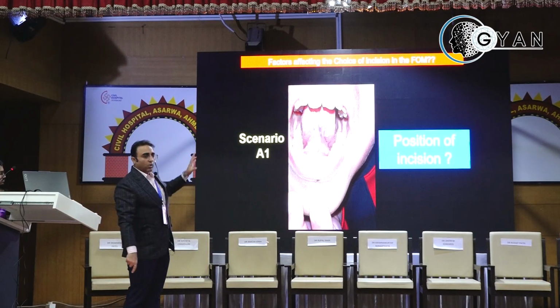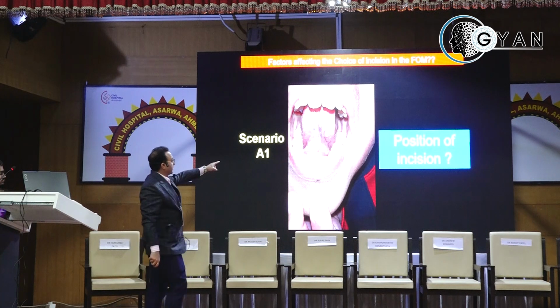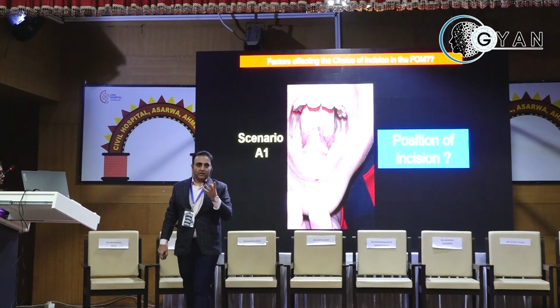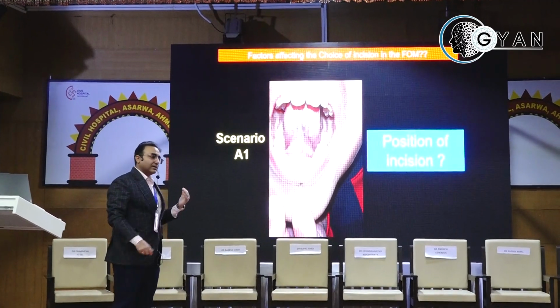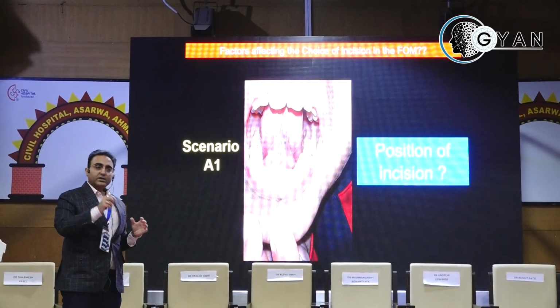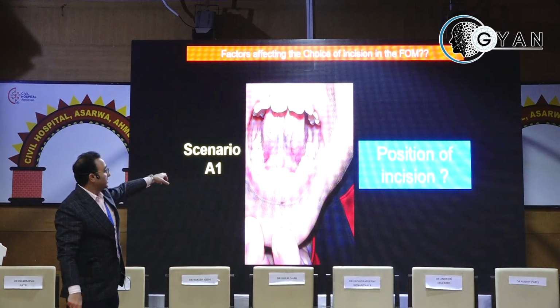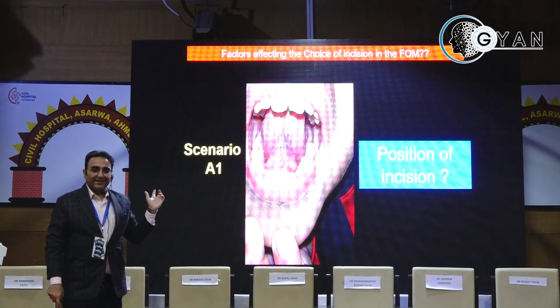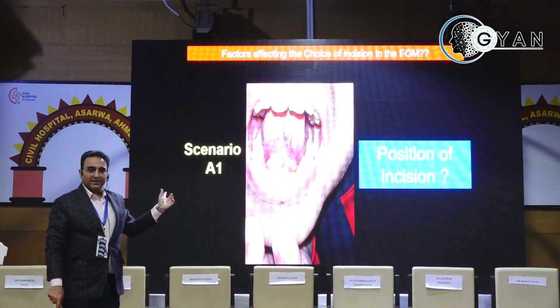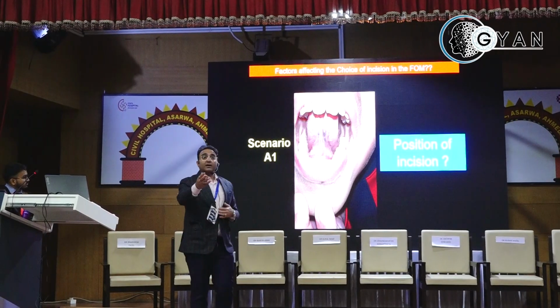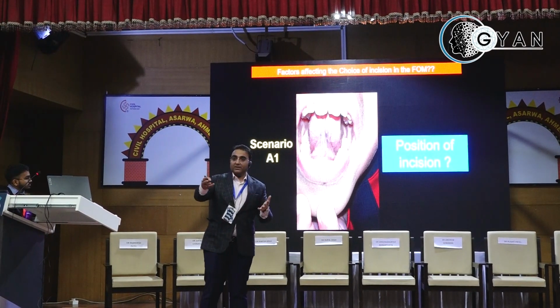But in case of a small sialolith, this is not a sialolith, by the way, this is just inflammation of the caruncle. But the sialolith is there in the submandibular duct, a very small sialolith of about 4 to 5 millimeters. Why I know? Because this is my son's intraoral picture. He had a sialolith. So now what is the way to incise in those cases?